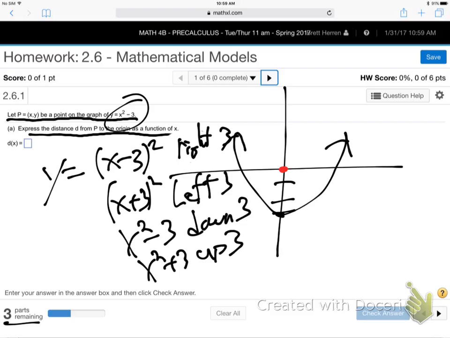And if you're a little person on a roller coaster ride on the y equals x squared minus 3 graph, when along that curve, along that ride, are you closest to the origin? That's where they're going. Eventually, they want us to find which single location on that U-shape is closest to the origin.